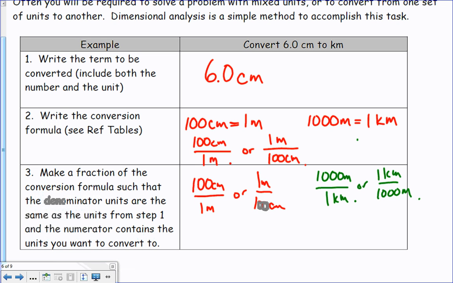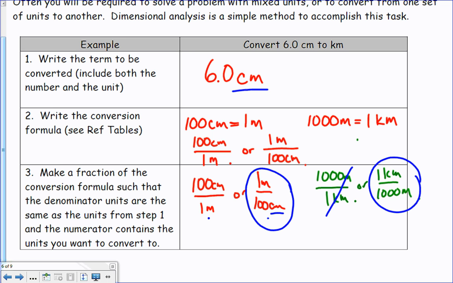So we want to take the same units from step 1 in the numerator to use our conversion. I am in centimeters, so I want to use the first conversion factor that has centimeters in the denominator. Now the centimeters are going to cancel, and I'm going to be left with meters. So I need to find the one with meters in the denominator, because then they're going to cancel. We need to remember these conversion factors for the next slide.